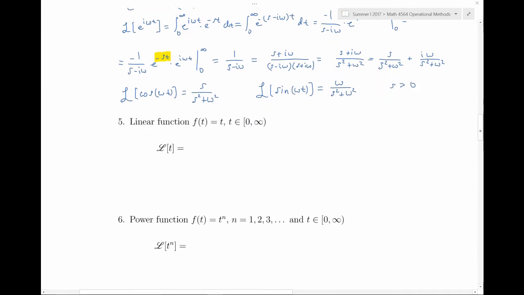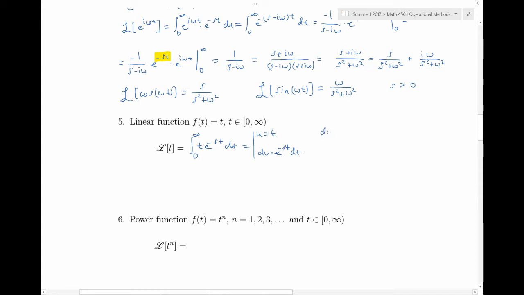Alright, let's switch to polynomials. Well, the easiest polynomial there is just a linear function, f of t equals t. So the Laplace transform of it is quite straightforward. All I have to do is compute this integral. Well, this integral needs integration by parts. I'll set u to be t and dv to be e to the minus st dt.